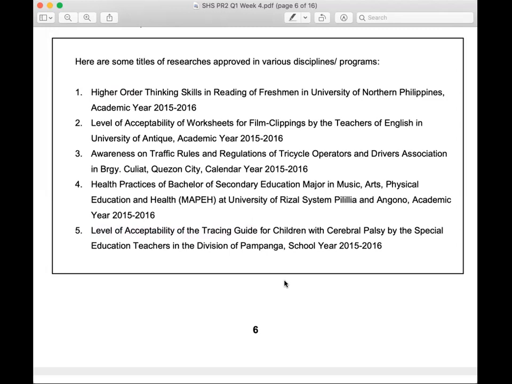Remember to use the guidelines and check whether the characteristics of a good title are present in what you have drafted. So again, class, this is your research teacher Ian, and I'm so glad that we had this discussion. Until next time, please check on background of the study because this is the next lesson that we are going to discuss.